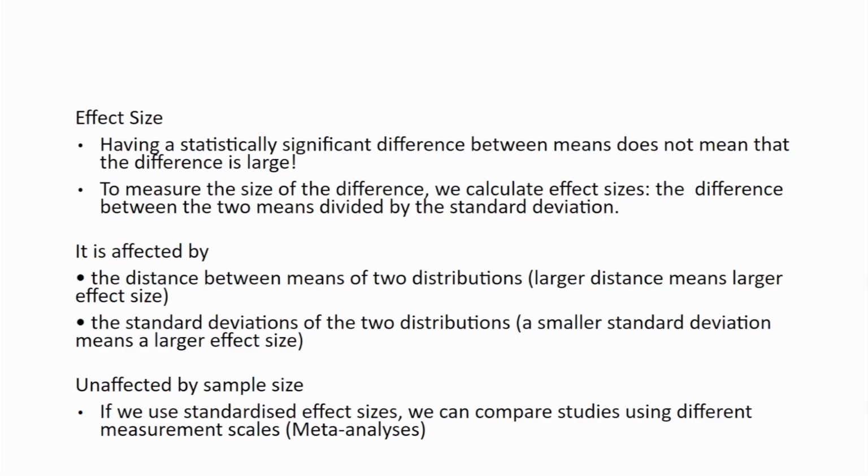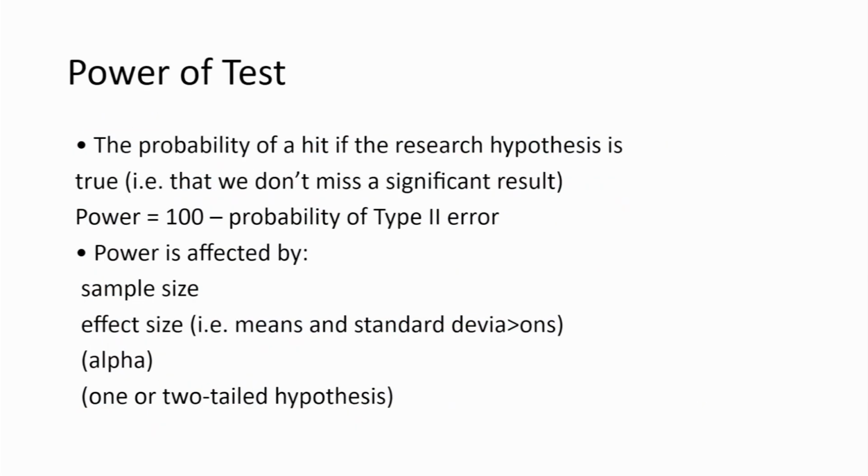For that, we have to go for effect size, and we will talk about this later, because gradually smaller steps will be taken. And similarly, what is the power of a test? This is 1 minus type 2 error. Okay.